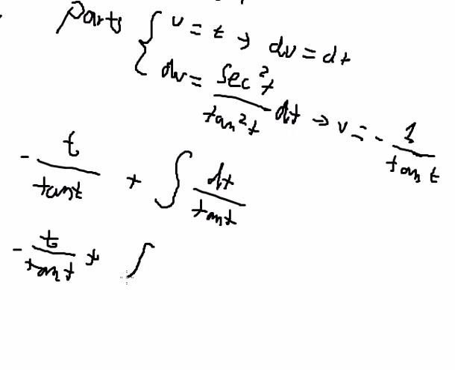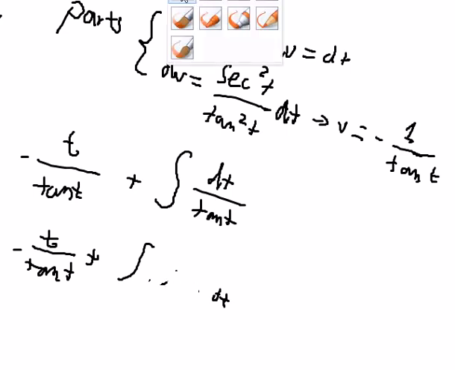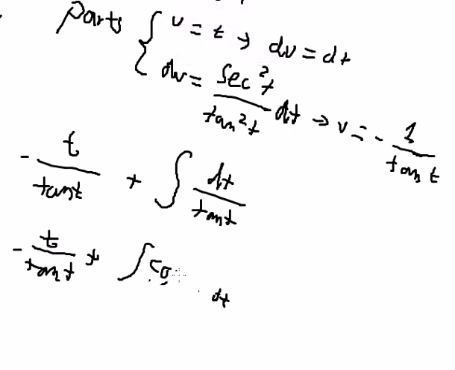This one we can put as cotan t dt. So about cotan t, we can change it to cosine t over sine t, and we get the final answer.